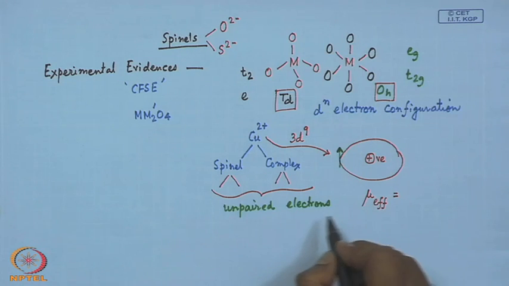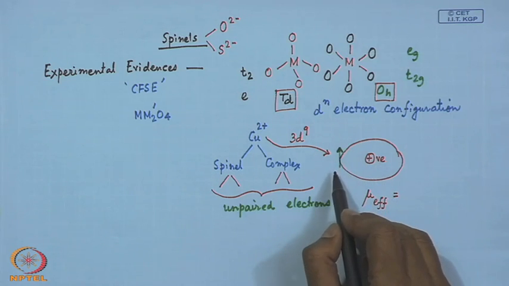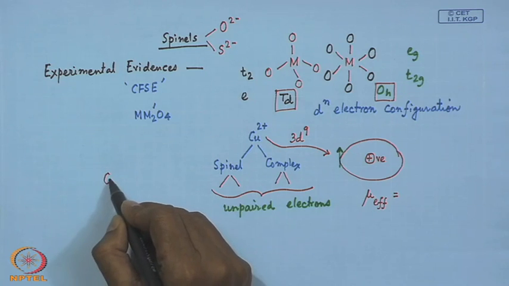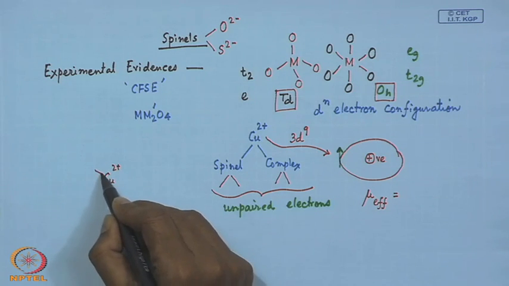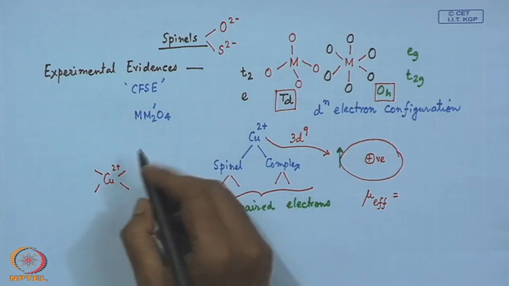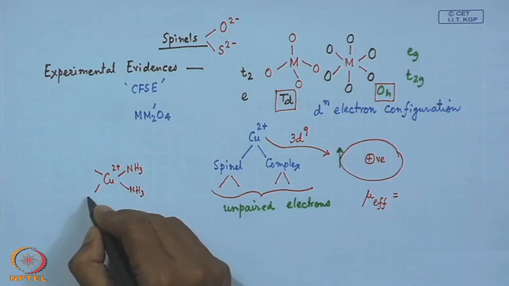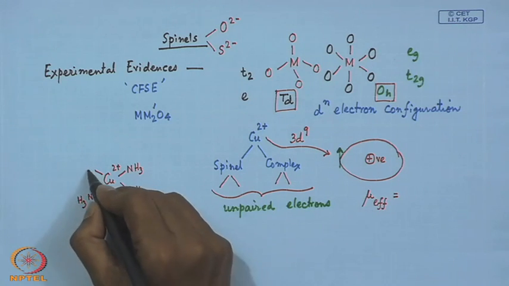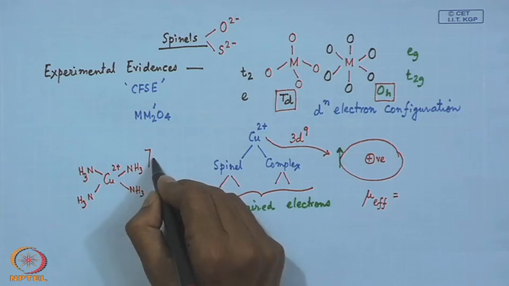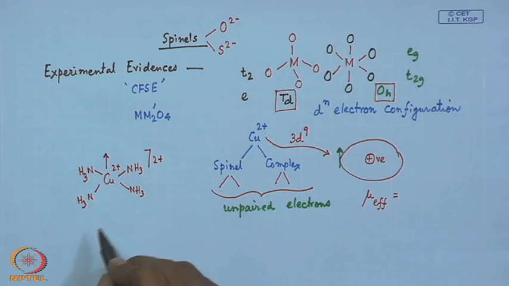So, in a magnetically dilute system, this unpaired electron belongs to one particular metal center, the copper 2 plus center, and we can have either the oxide ions, sulfide ions, or simple ligands like ammonia. So, this is the corresponding geometry around the copper 2 plus ion in a particular complex, where the individual copper centers bearing one unpaired electron are separated.